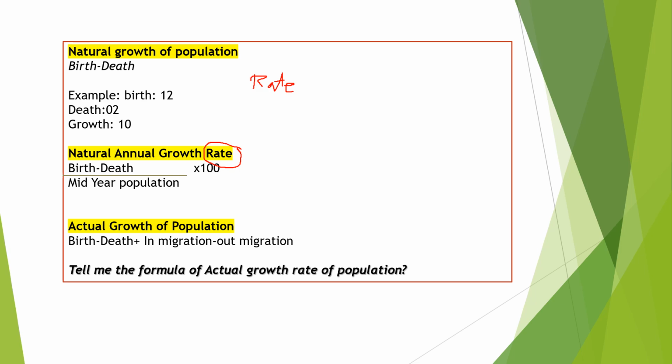That means two new terms have been used here, in migration and out migration. What are in migration and out migration? I am going to discuss that in the next slide. But if it is actual growth rate of population, then you have to tell me the formula. That means you have to calculate the rate. How will you calculate? Please do this and answer in the comment section.